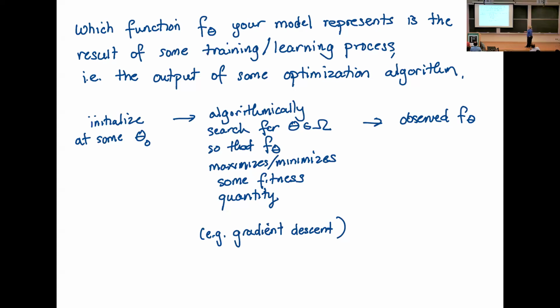The general framework to solve one of these optimization problems, in other words, calibrate your system, is that you initialize your system at some random parameter and then algorithmically search for the parameter, or equivalently the particular function setting, that is best, meaning it maximizes or minimizes some fitness quantity.